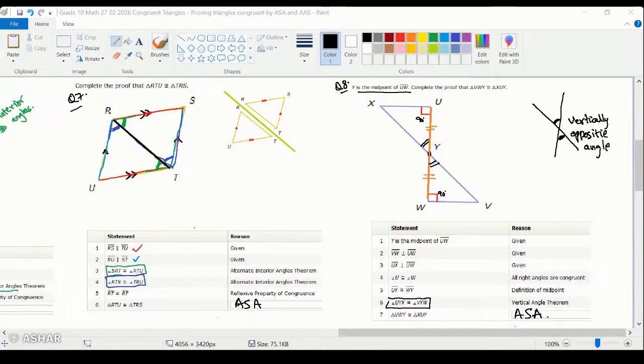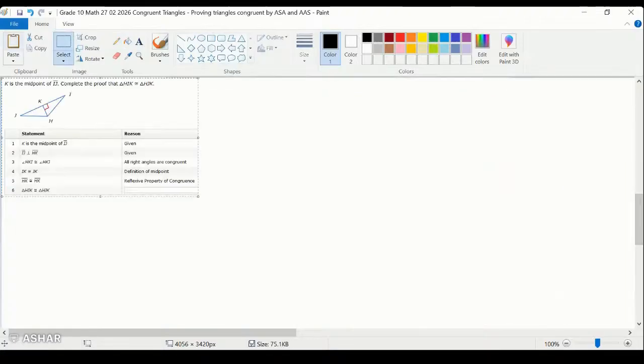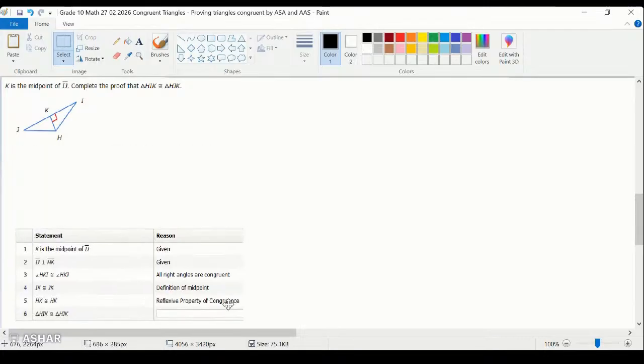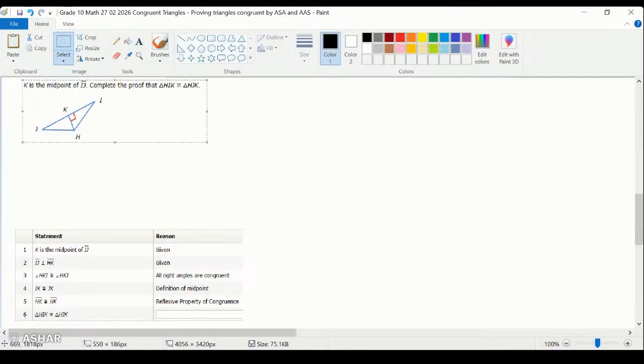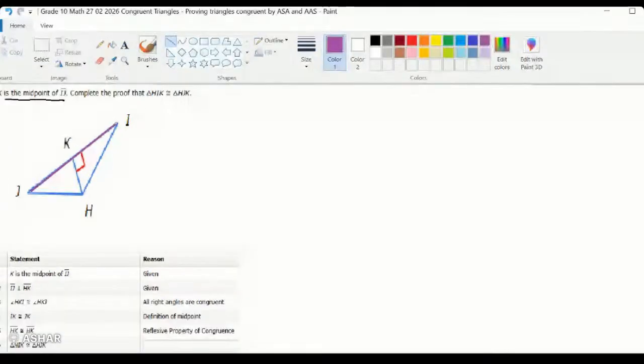So the next question, question number 9, tells us that this is the information that has been given to us. And this is question number 9. They are saying K is the midpoint of IJ. So where is the line IJ? If this is the line IJ, K is the midpoint.